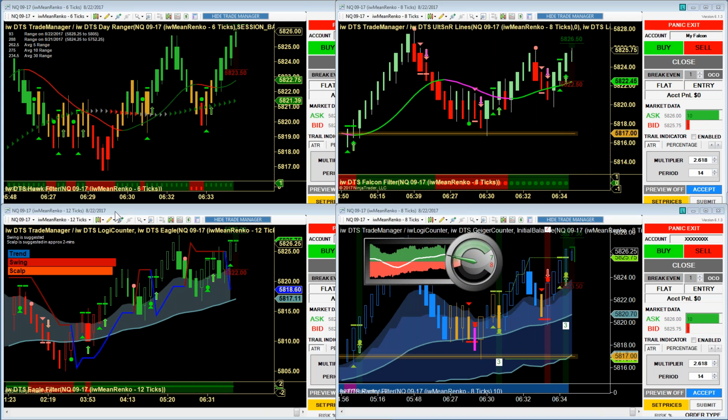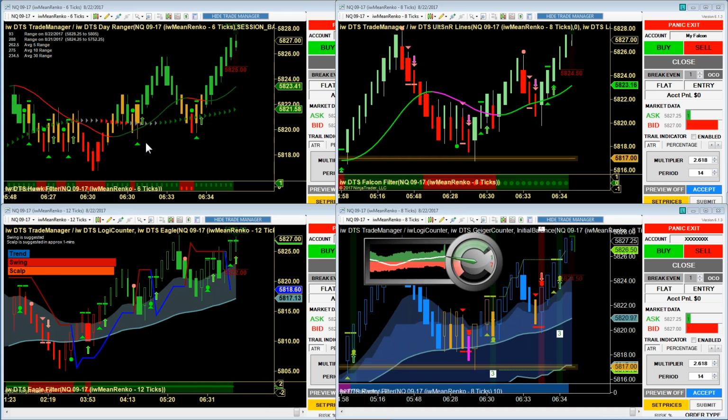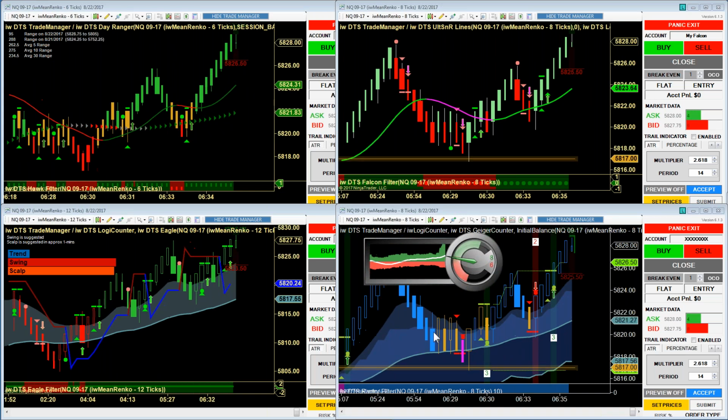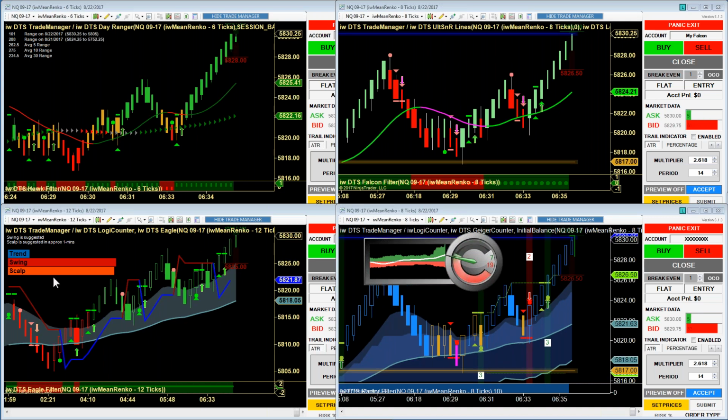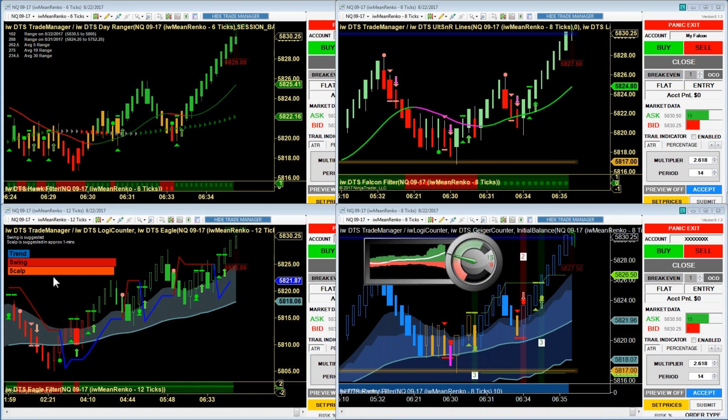So right now here on the Hawk, you can see we're getting a lot of yellow bars. Likewise on the Raptor. Trade Forecaster says we're coming out of swing mode, moving into scalp mode in about a minute's time.